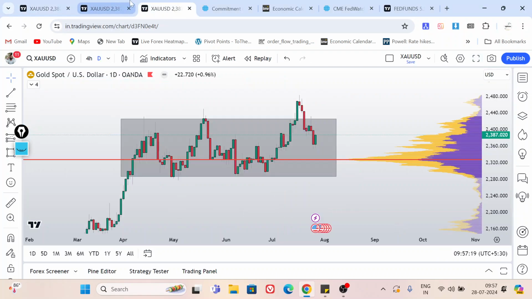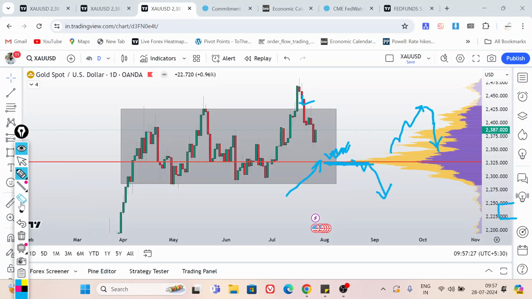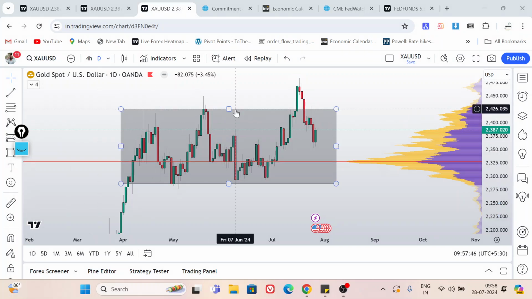Now let's move on to the daily time frame chart. On the daily time frame you can see that overall we already discussed this formation. Overall we are in a consolidation box currently, because previously we have seen a fake breakout, and after this price returned back and retested this level around 2425.